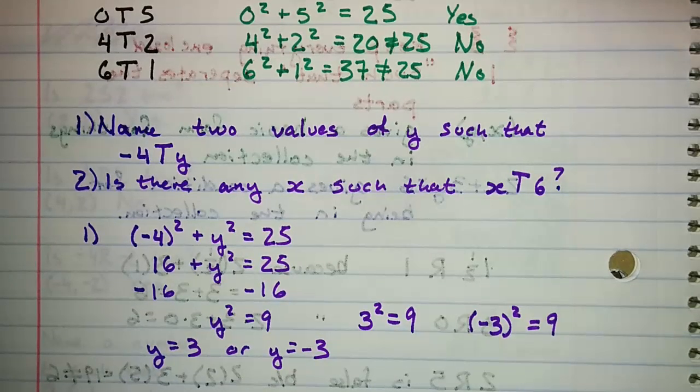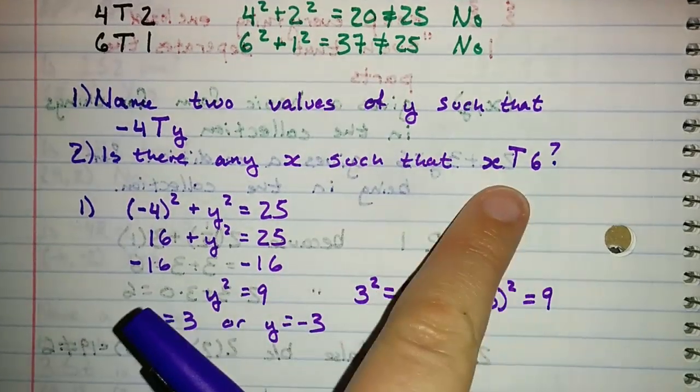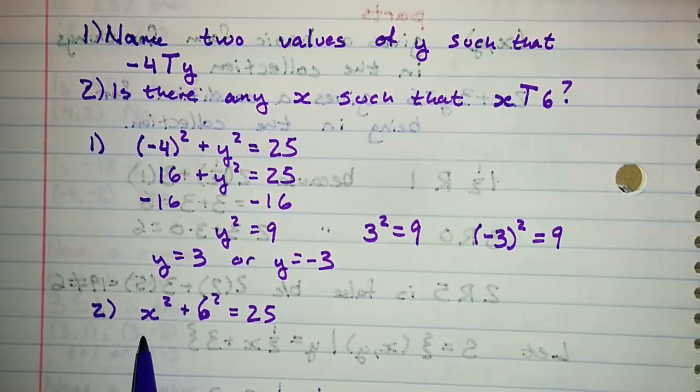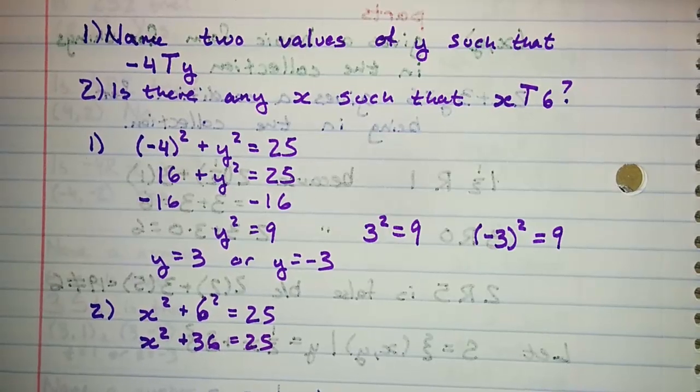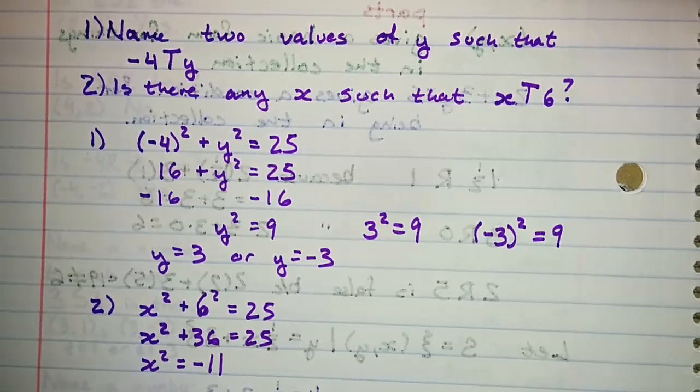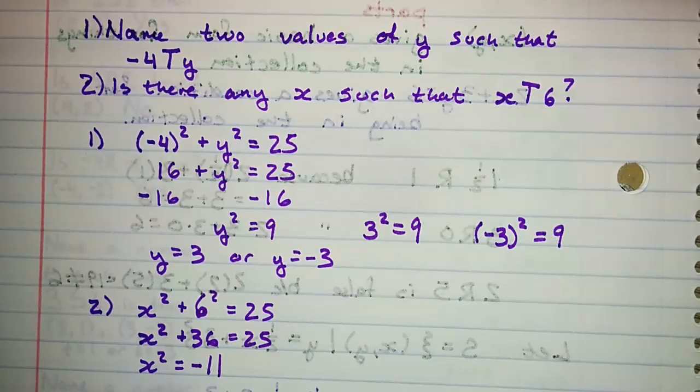Let's try the same thing with this guy. We're looking for an x, so that x squared plus 36 is 25. We're looking for an x, so that x squared is negative 11. Wait a minute. What happens when we square a positive number?